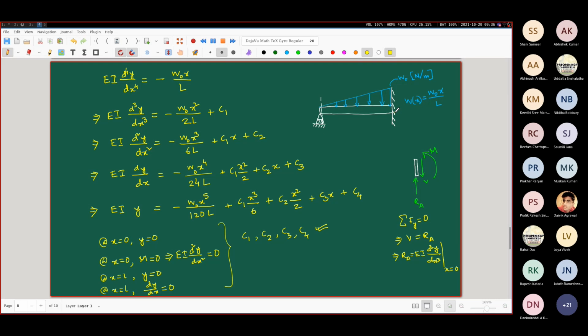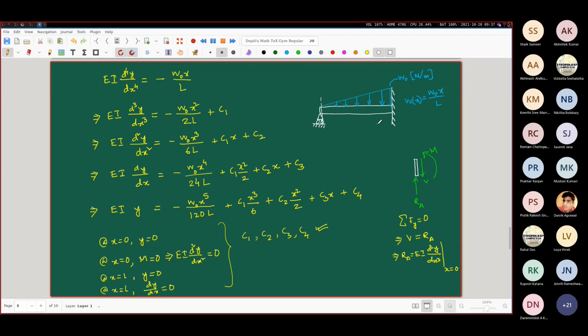Here this V is actually pointing downward, and this RA is pointing upward. It did not matter here because we understand very clearly the sense of these forces. The sense of the forces is always easier to understand. But please be careful when you obtain the expression of the moment from these equations and then equate that to the external reaction moment that you will be obtaining here.